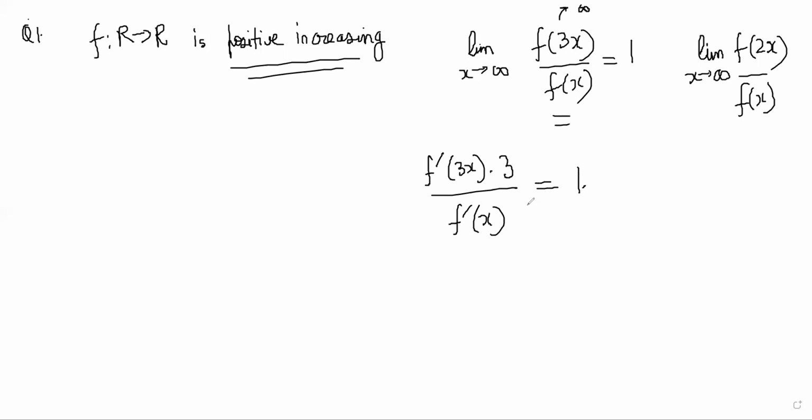Okay, wait 1 second. So limit x tends to infinity of this part is equal to 1. Positive increasing function, f of 3x by f of x, this is 1.